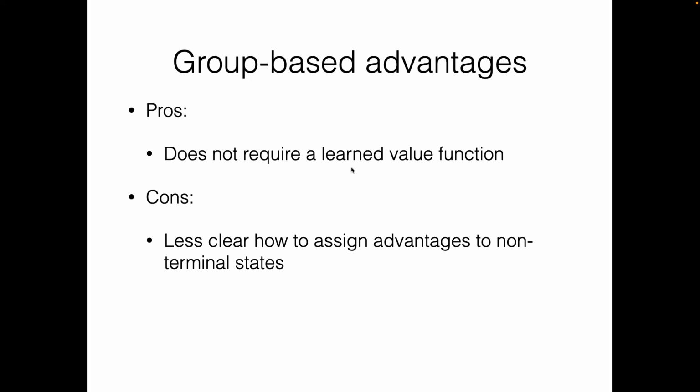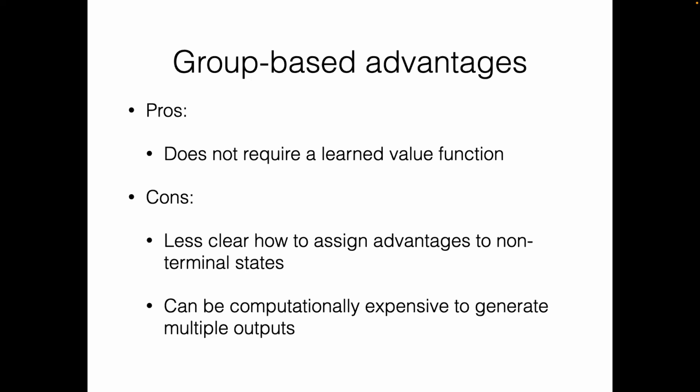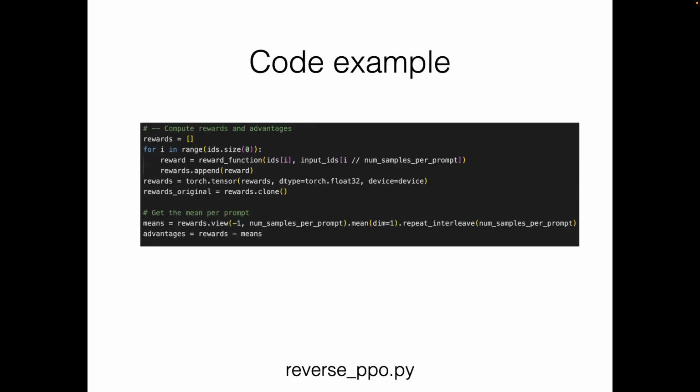So that's a potential trade-off with these types of advantages. And as I mentioned, they do require generating these multiple outputs, so you have to account for the computational cost of doing that. But this method has turned out to be pretty useful in some settings, and it's at least currently used with language models.